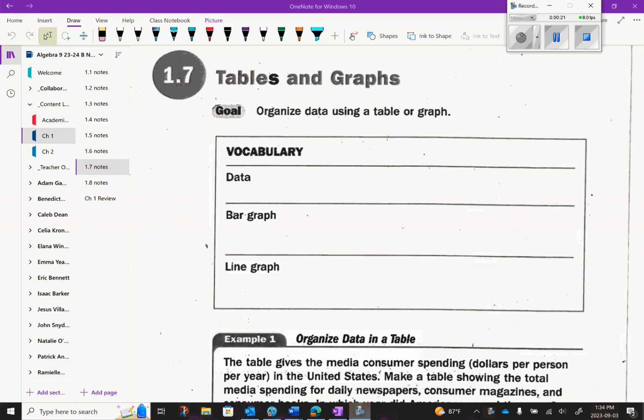Data are information, facts or numbers that describe something of interest.